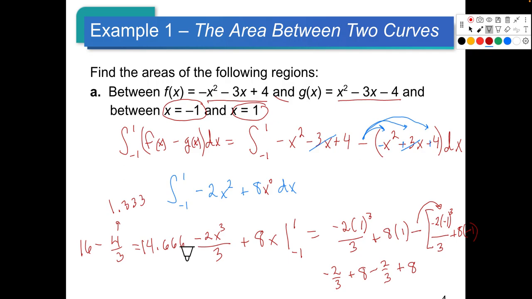Okay, questions yet? As long as we know one's on top and one's on the bottom, if it stays that way, we just integrate the whole thing. We can simplify it with algebra.